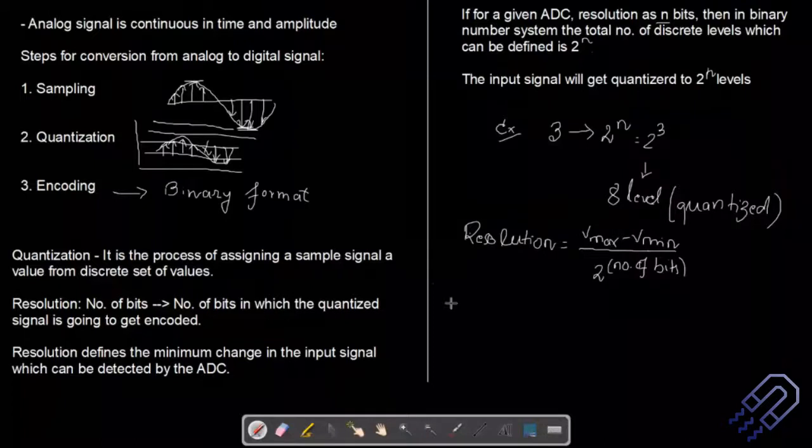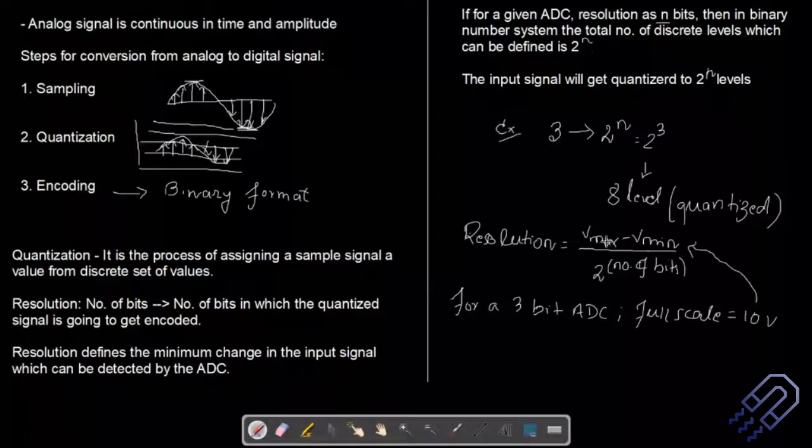If we consider a 3-bit ADC, and let's say the full scale range is 10 volts, by full scale 10 volts I mean V max minus V min, we can find the resolution.